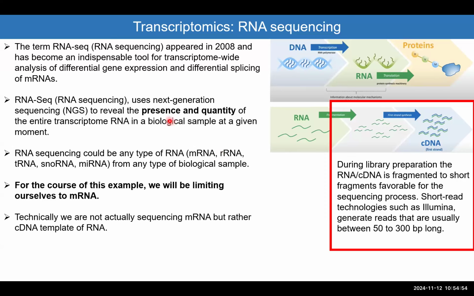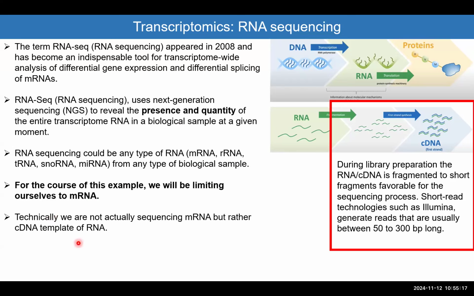So you can reveal the presence of any RNA and the quantity of that RNA in the whole transcriptome with RNA sequencing. Now, in the few examples I'm going to show you, I'm really focusing on the messenger RNA, but that doesn't mean you can't do these experiments on other types of RNA.